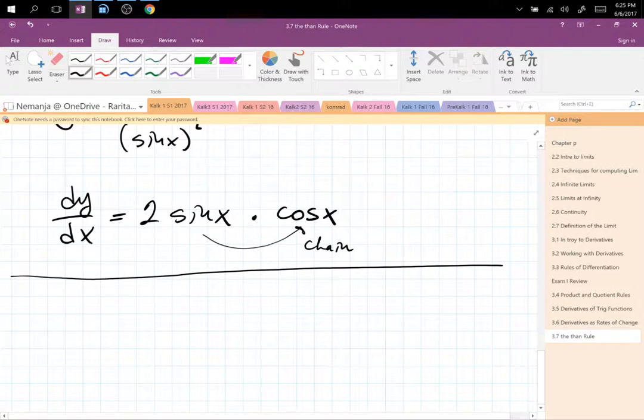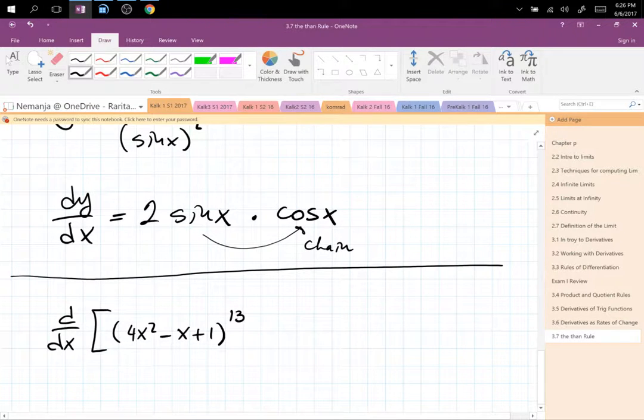Let's take a look at the polynomial. Say you are trying to find the derivative of 4x squared minus x plus 1 raised to the 13th power. Well, you have two choices. One is to actually FOIL this 13 times, good luck. Or learn the chain rule. The chain rule says that you have x to the 13th as a boss, and then you have 4x squared minus x plus 1 plugged in.